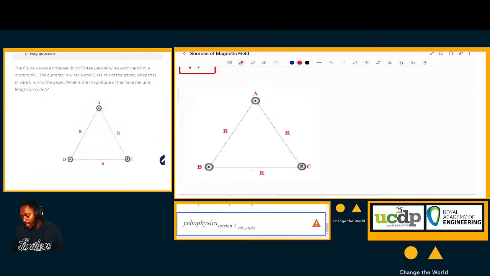The force on A is going to be due to the force of C on A and C on B. But now you see that these conductors you would need to resolve because of how they are arranged. It's unlike the previous question where they were just in a straight line. So we can put an axis here at A.